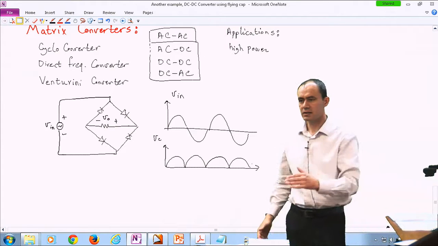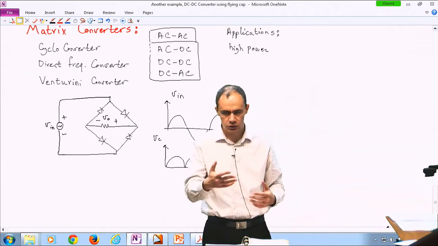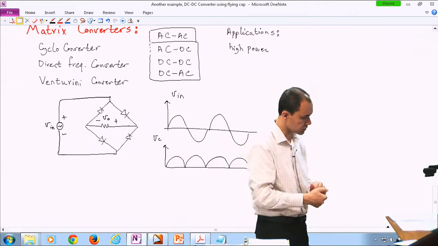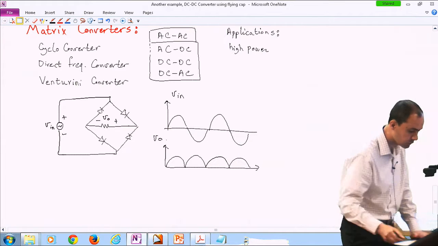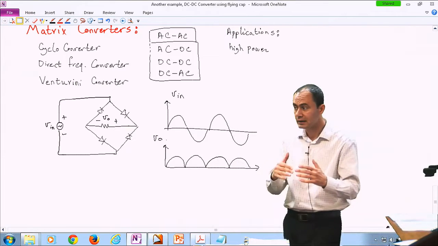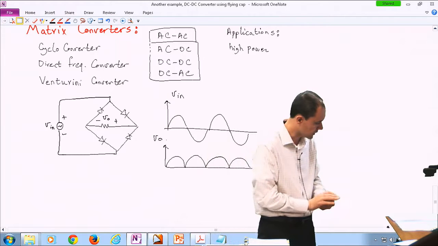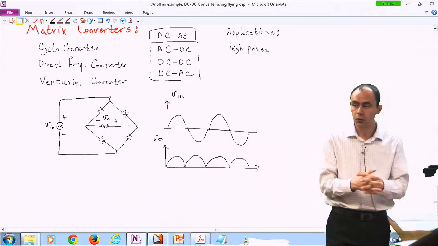So it has a significant DC component in addition to twice the line frequency ripple. Now the question is, do we care about this ripple or not? If we would like to have a very clean DC signal, then you have to filter this, with capacitors and inductors and things like that. All right. You have seen this before.